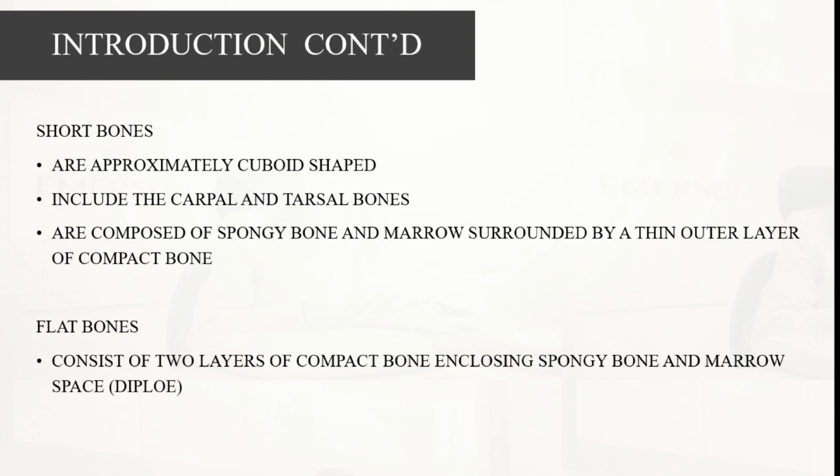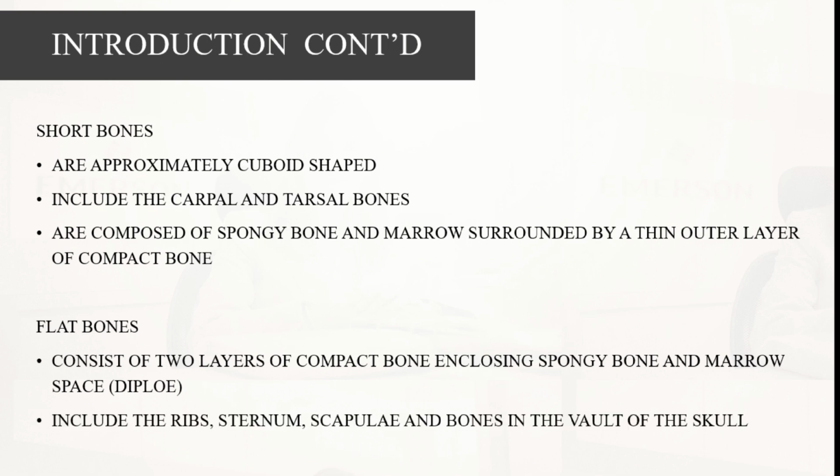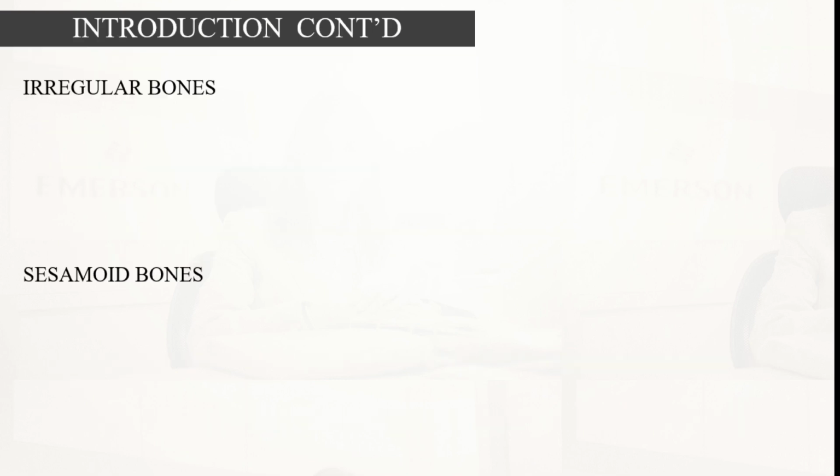Flat bones consist of two layers of compact bone enclosing spongy bone and marrow space, which is the diploe. The flat bones include the ribs, sternum, scapula, and bones in the vault of the skull.